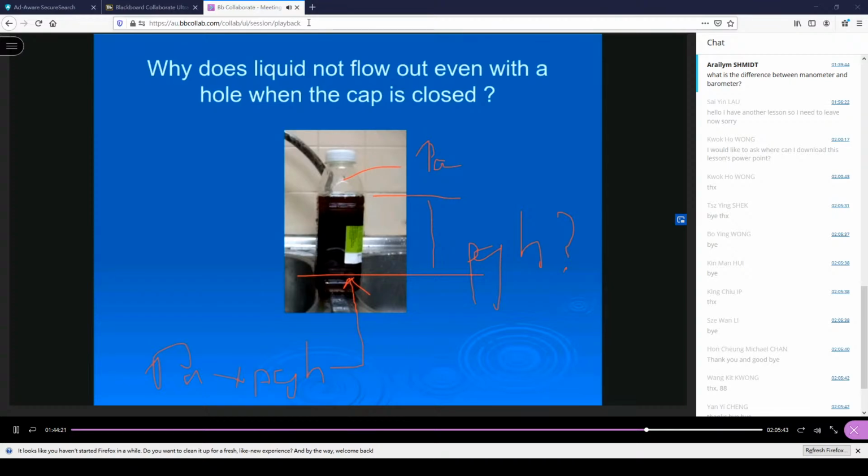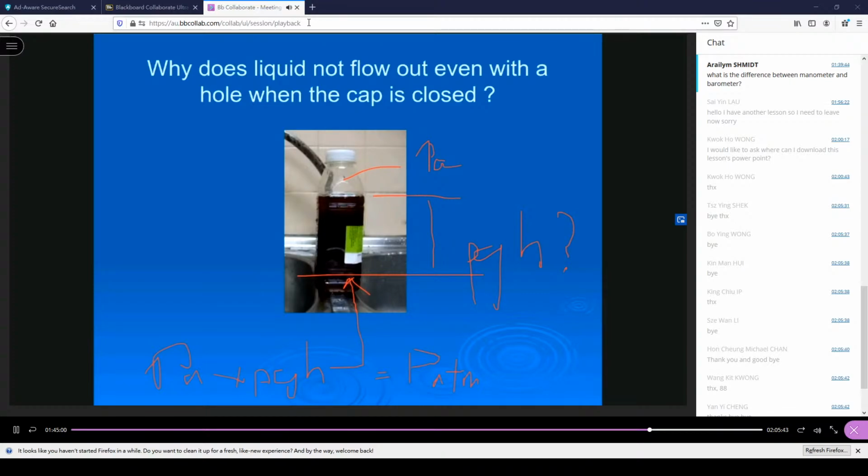Eventually, the fluid will stop moving once we have something like this, where this pressure plus this column ρgh equals atmospheric pressure. In that case, no water comes out. So once you cap it, if the pressure is still atmospheric pressure, you still have water coming out. But because when water comes out, you have a larger and larger volume of air above the liquid, eventually the pressure falls below atmospheric pressure.